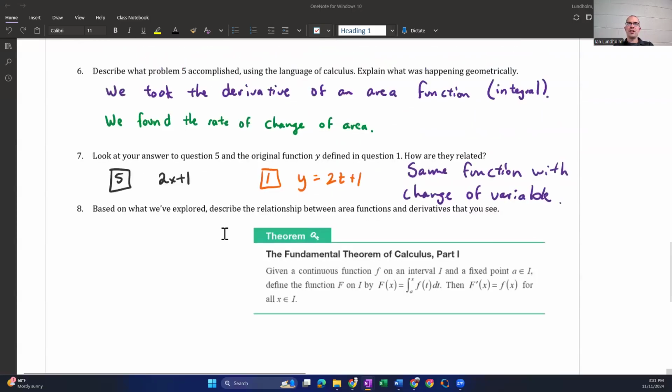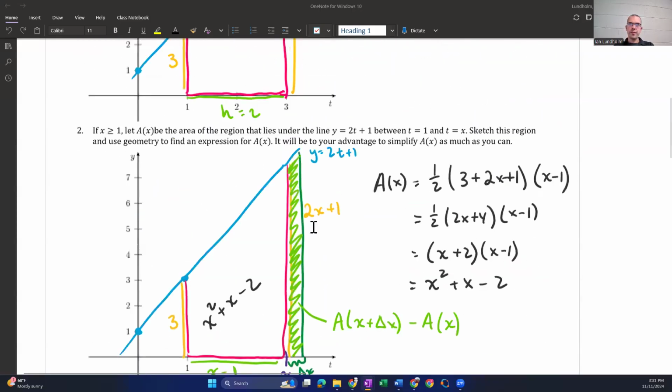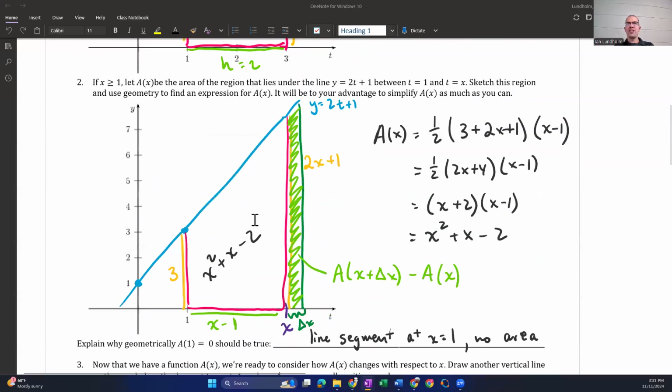Fundamentally, if you look at it geometrically, the rate at which this area is changing is the height of the function where you're at. So the rate of change of area is the height of the function, which makes some sense, but it may not be completely obvious.